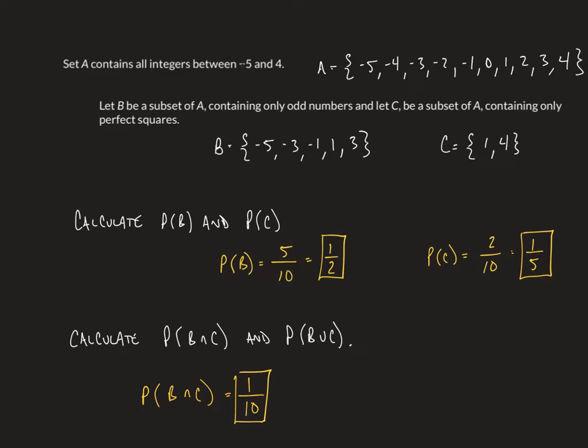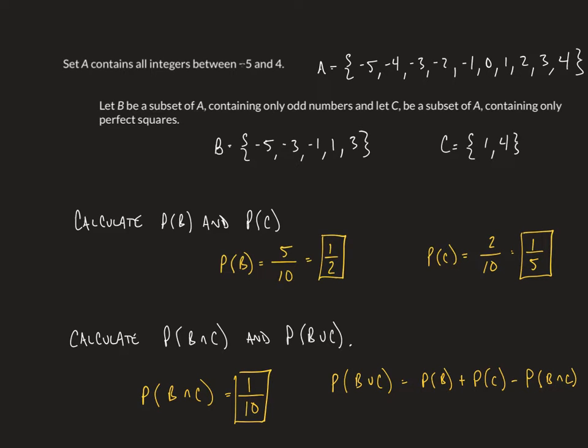But if I ask the question, how many numbers are in B or C, this is where we should probably get out that union formula, which says that it's going to be the probability of B plus the probability of C. But we know from experience now that when we just count up all the elements of B and all the elements of C, we will have double counted the elements that are in both. So now I can calculate this a little bit easier.